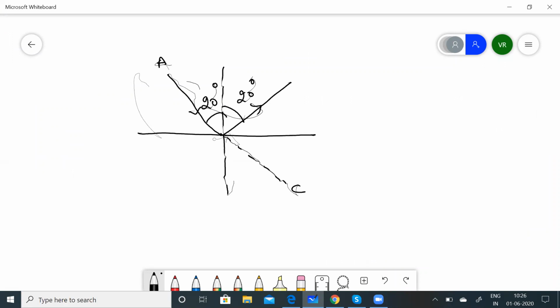So the whole angle is 180, so I can put it as 180 minus delta equals 20 plus 20, because angle of incidence is equal to the angle of reflection. So that is equal to 20 plus 20, which is equal to 140 degrees.